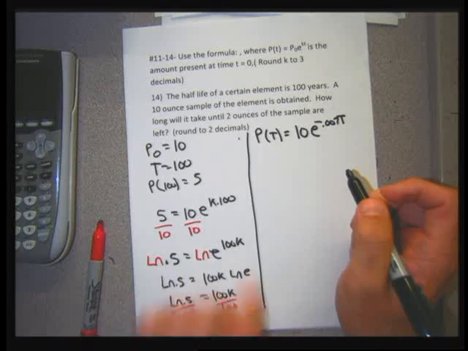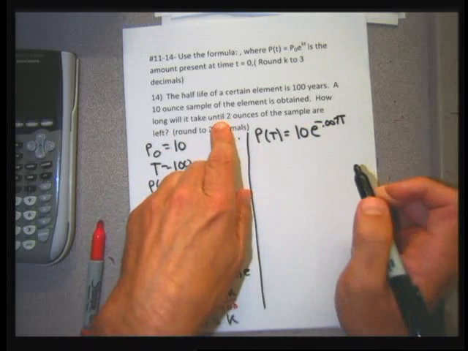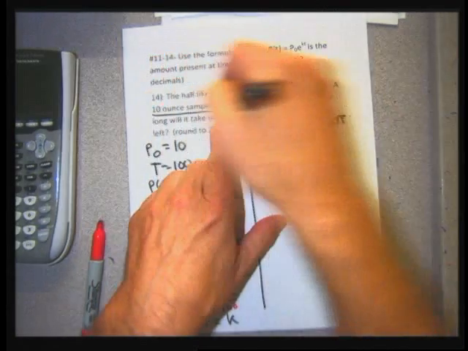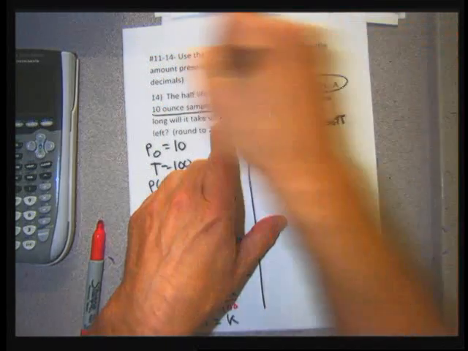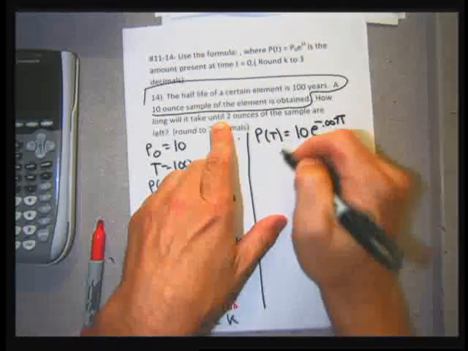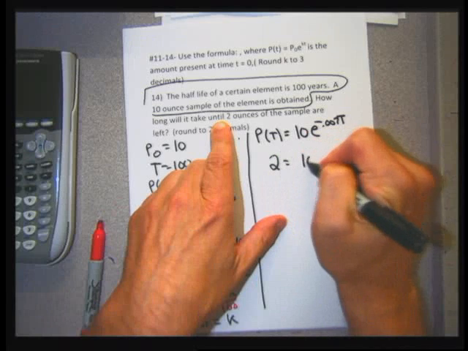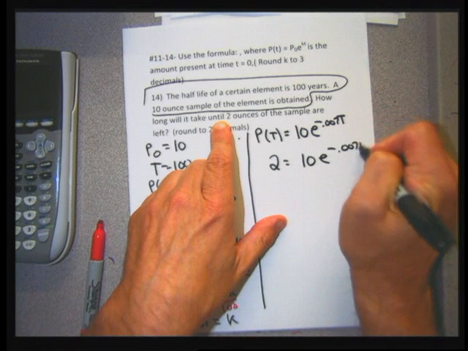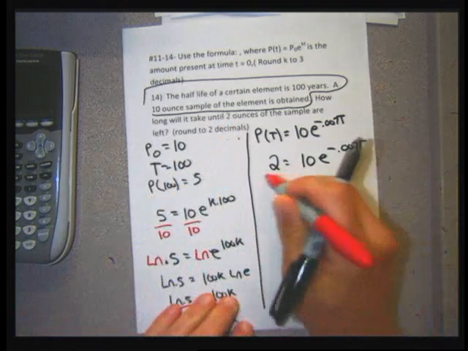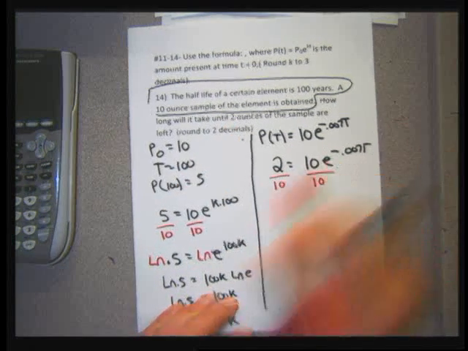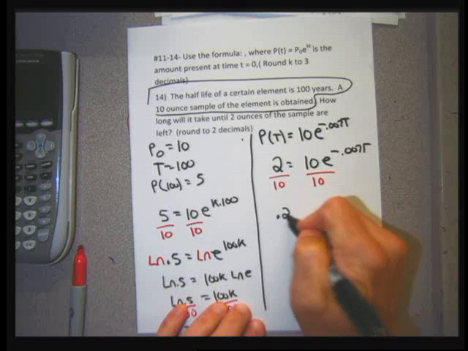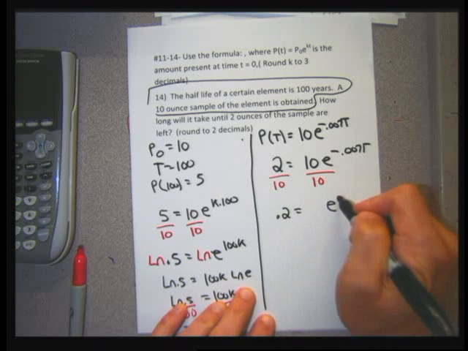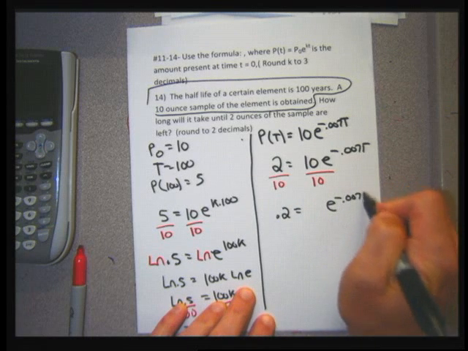Now I'm going to answer the question: how long will it take until 2 ounces of the sample are left? So I've used everything in the first sentence, or 2 sentences, and now I'm going to put in 2 for the future amount, and get 2 equals 10 times e to the negative 0.007t power. Divide by 10. 2 divided by 10 is 0.2. I get 0.2 equals e to the negative 0.007t.